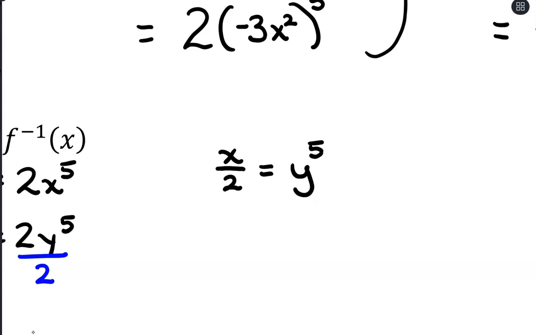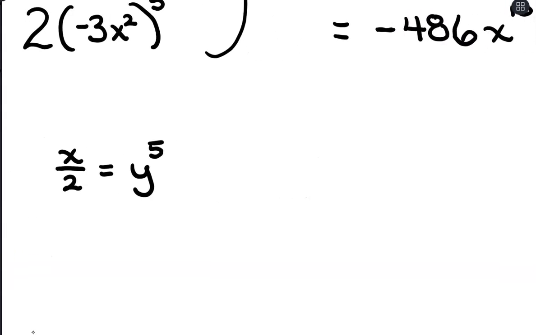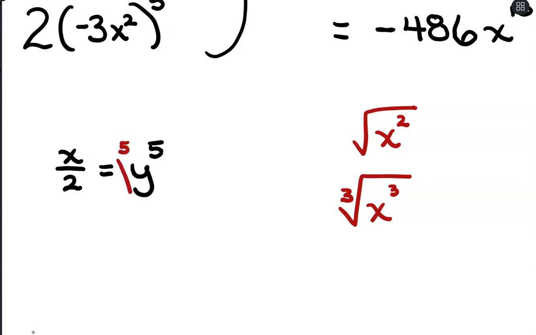But just to take you through the steps here, to get rid of that exponent of 5, what we use is, like say we were trying to get rid of an exponent of 2, we take a square root to cancel those out. So if we had something to the 3rd power, we would take a cube root. So if I have y to the 5th, what I want to do is to take the 5th root of both sides of the equation.